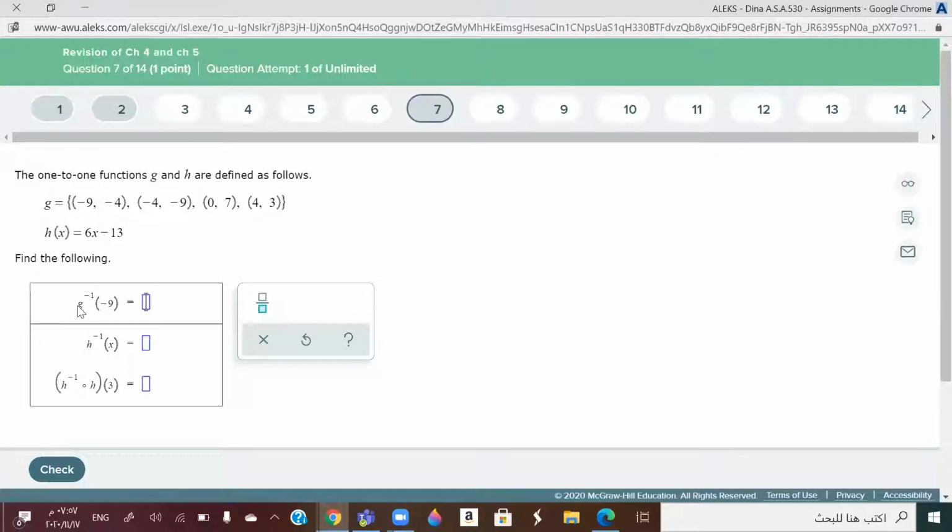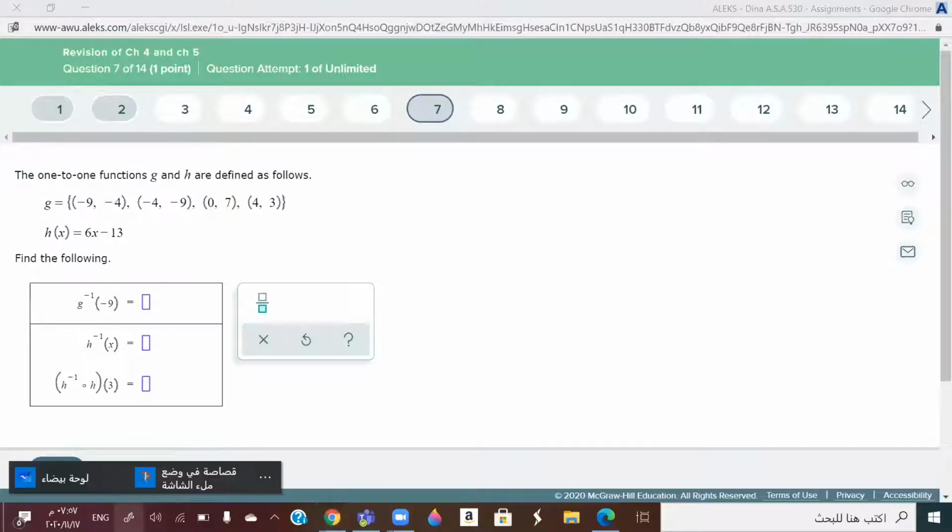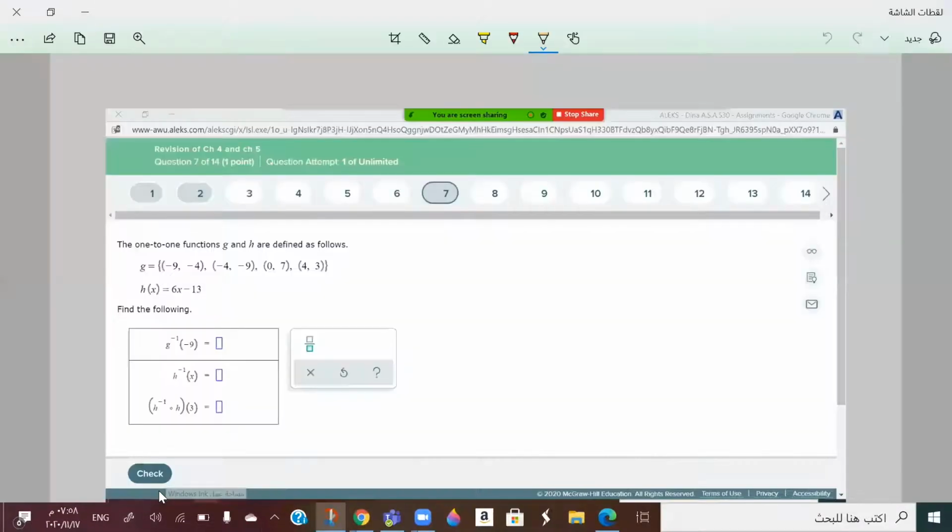And it asks you to find G inverse of -9, H inverse of X, and H inverse after H, all three. The small circle we took as the composition of the function. So let me explain in detail in each case what you should do.